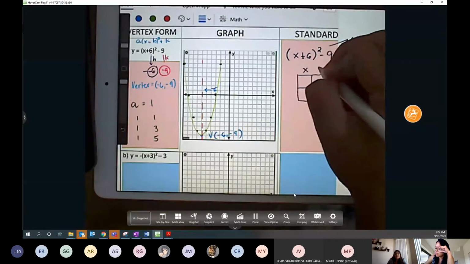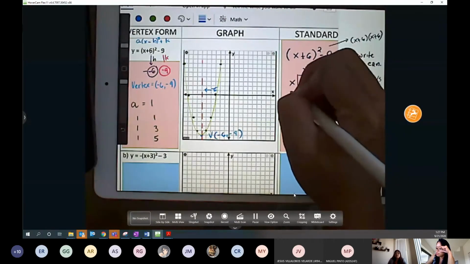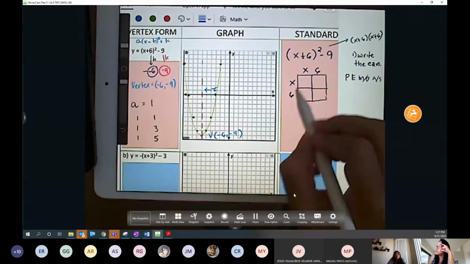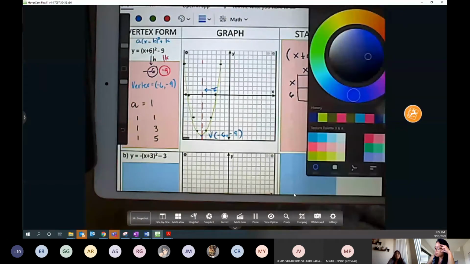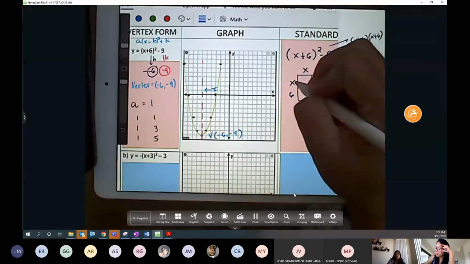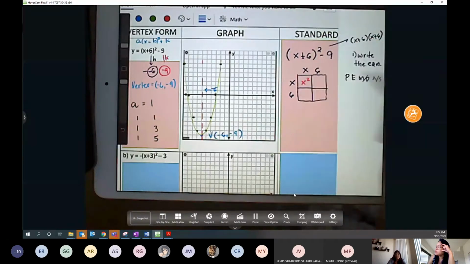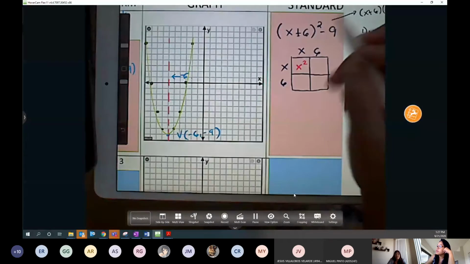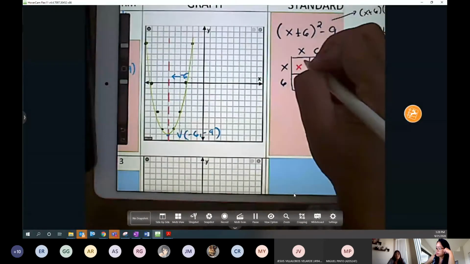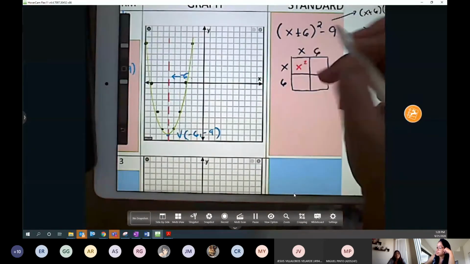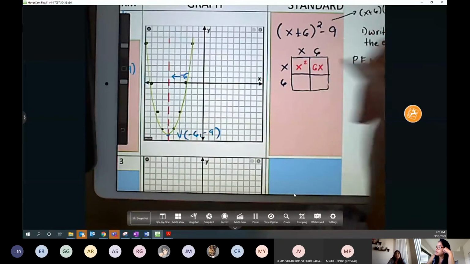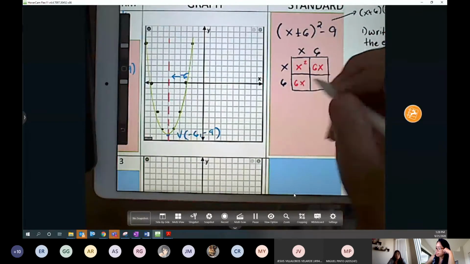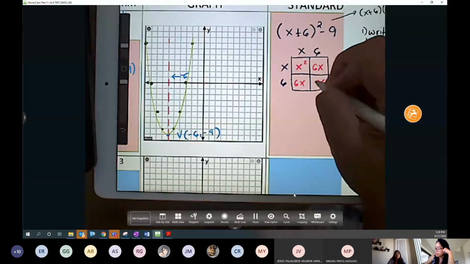We are multiplying, so both of these are factors. And then we multiply. X times x is x squared. Okay, 6 times x is 6x. Same way, 6 times x is 6x. And then 6 times 6 is 36. Okay.